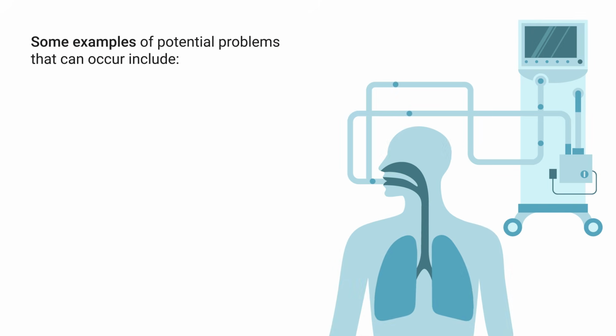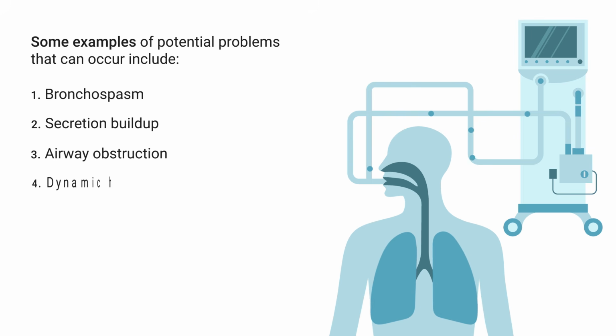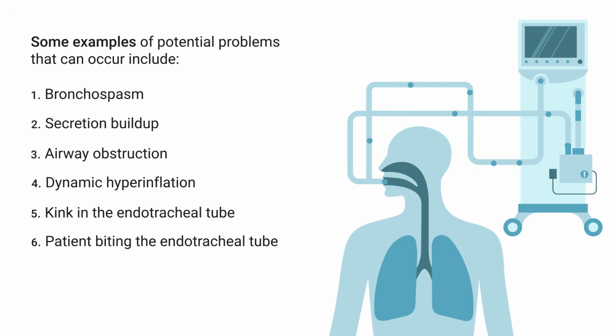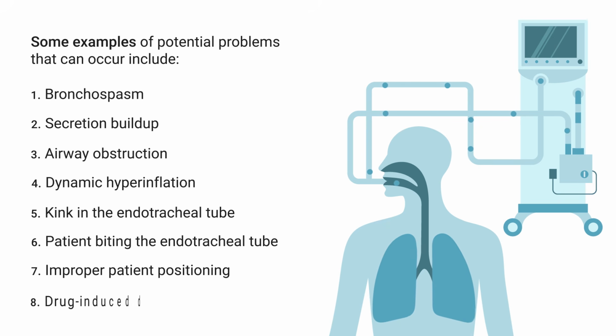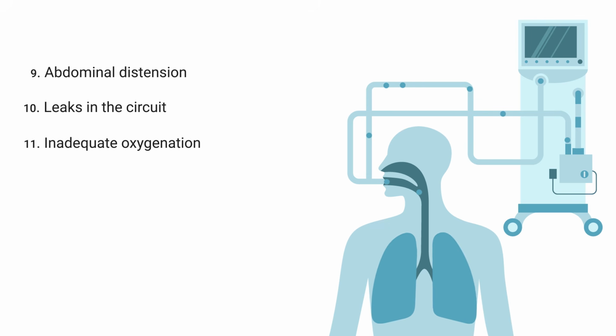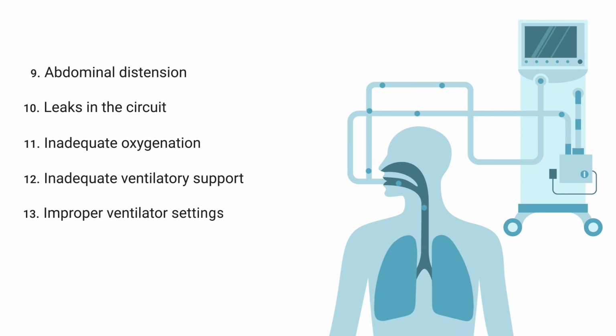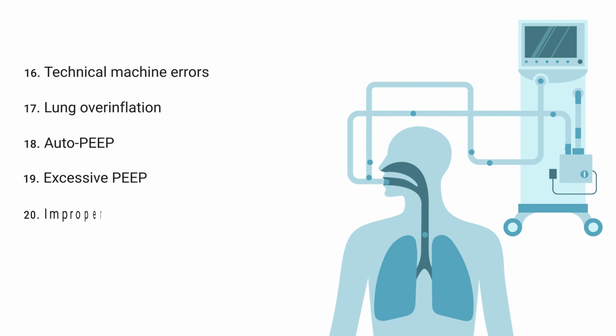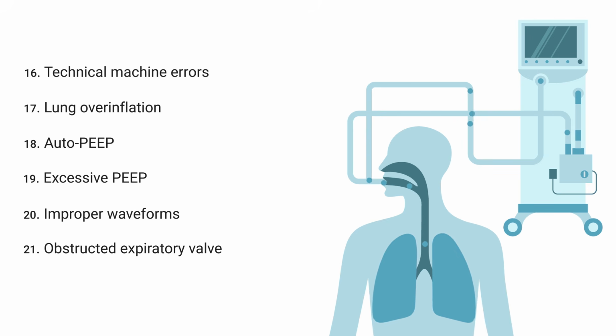Some examples of potential problems that can occur include bronchospasm, secretion buildup, airway obstruction, dynamic hyperinflation, a kink in the ET tube, a patient biting the ET tube, improper patient positioning, drug-induced distress, abdominal distension, leaks in the circuit, inadequate oxygenation, inadequate ventilation, improper ventilator settings, patient ventilator asynchrony, ventilator alarms that are sounding, a technical machine error, lung overinflation, auto PEEP, excessive PEEP, improper waveforms, obstructive expiratory valve, and apnea that is due to a disconnection.